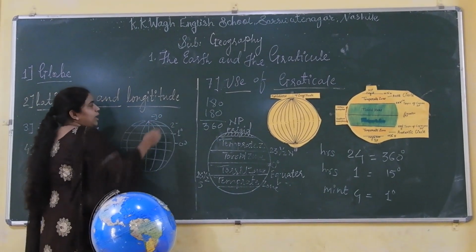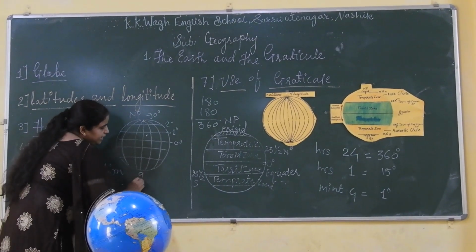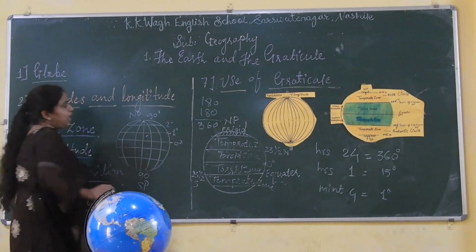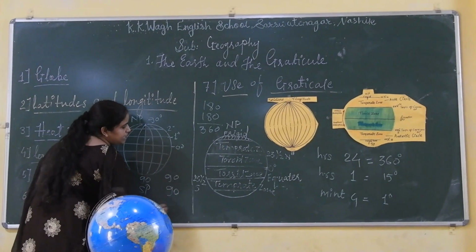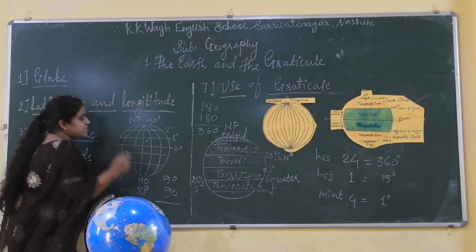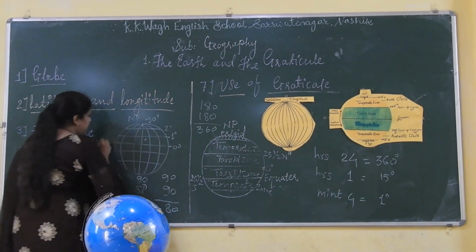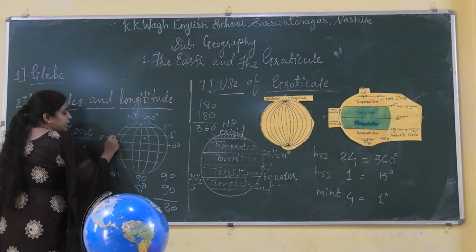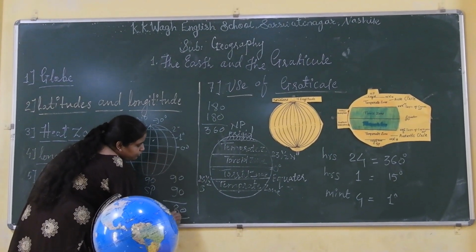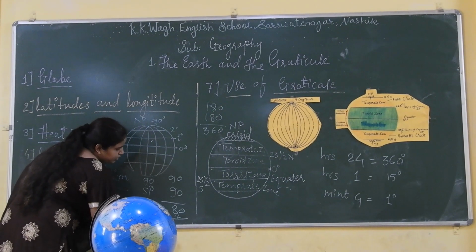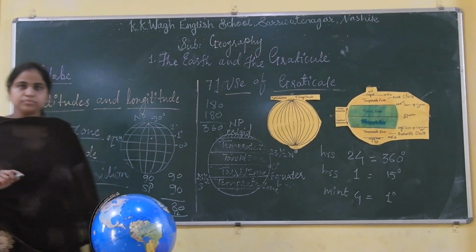It completes 90 degrees at the North Pole and 90 degrees at the South Pole. So 90 plus 90 is 180, and one more is added, the equator line, so the total is 181 latitudes.